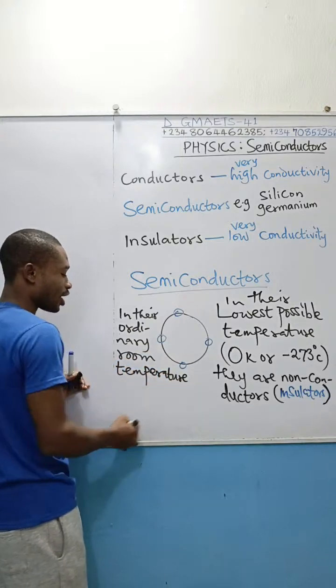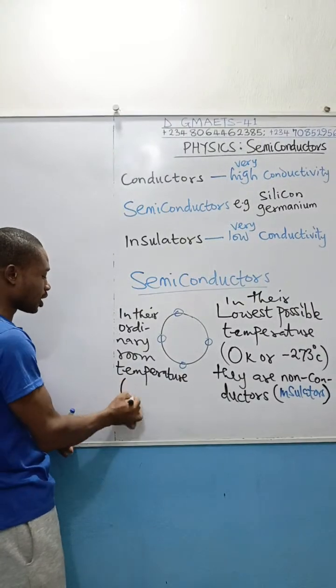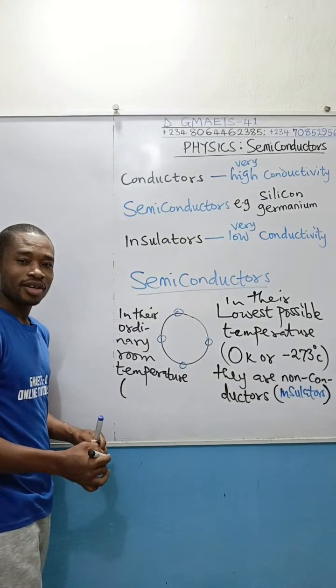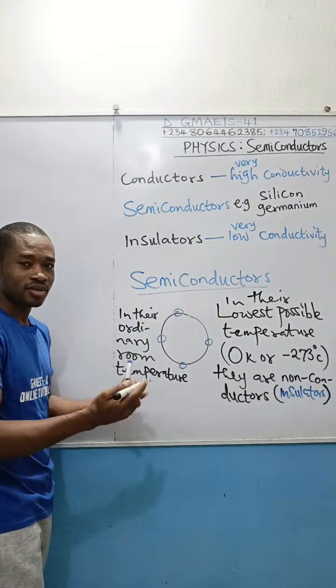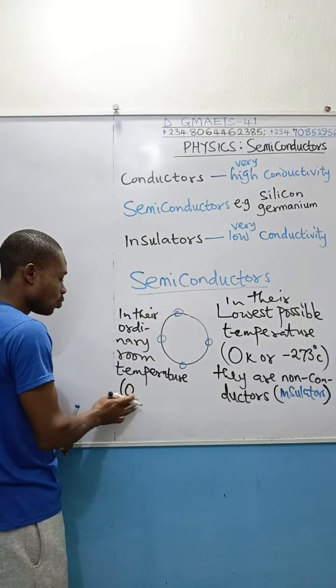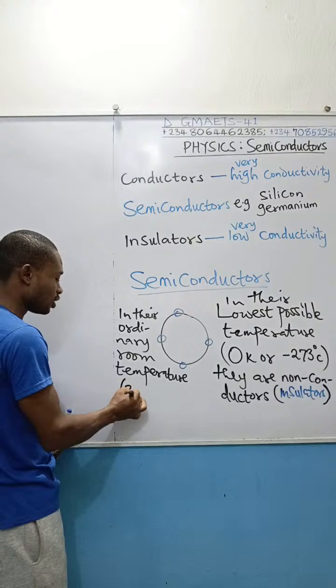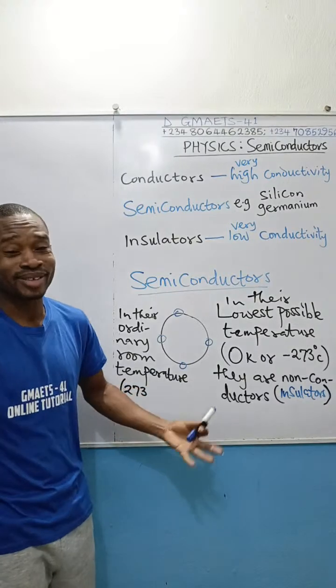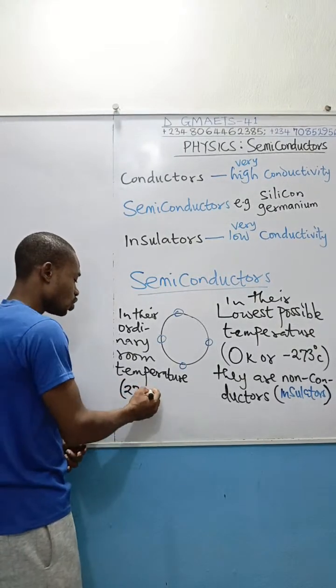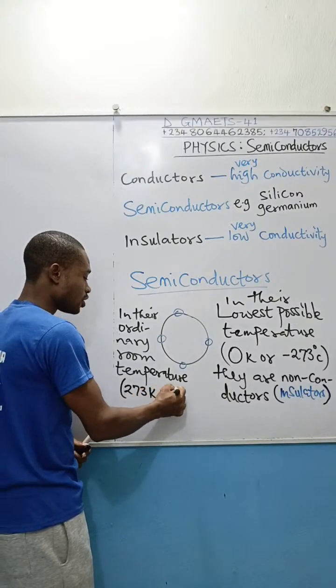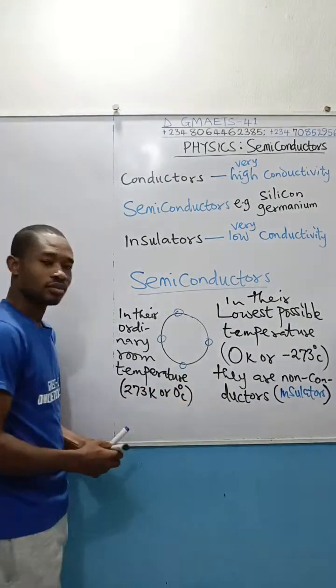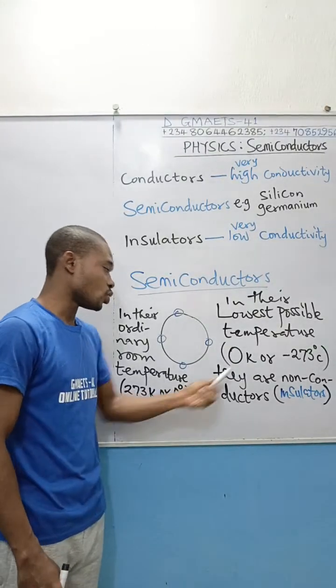Someone might ask, what is the ordinary room temperature of semiconductors? The ordinary room temperature of a semiconductor is 0 degrees centigrade, which is equivalent to 273 Kelvin, not our normal ordinary temperature. Ordinary room temperature is 273 Kelvin or 0 degrees centigrade. Now, please don't confuse this.